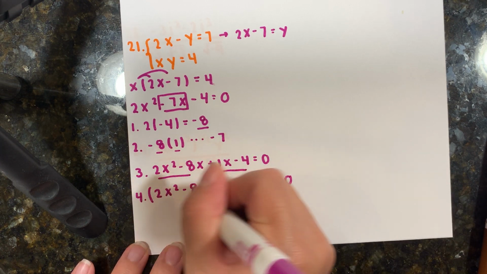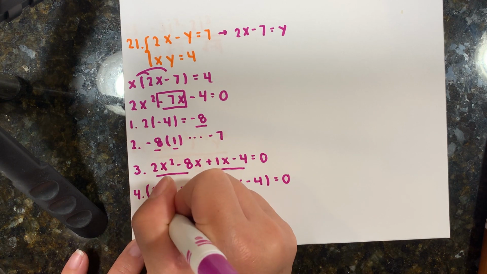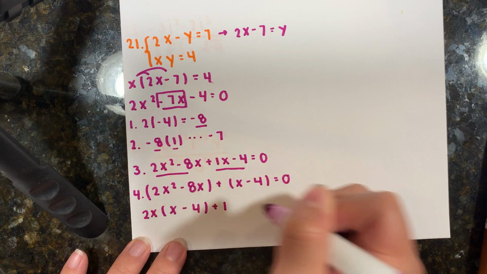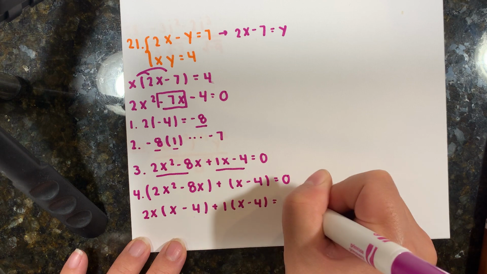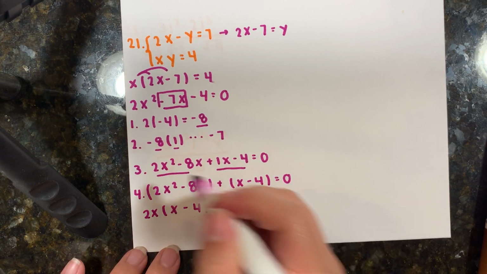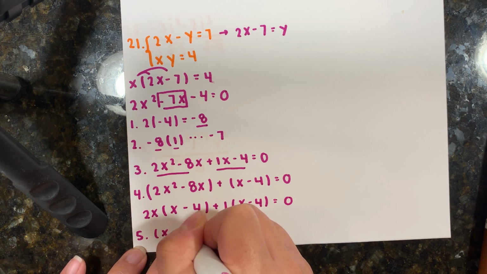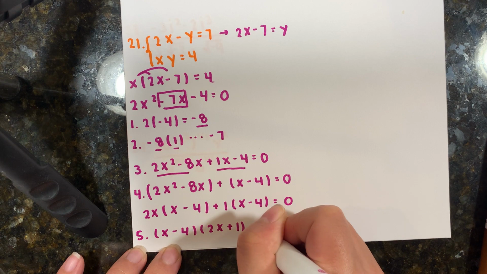So we can factor out a 2 and an x from the left side, which will leave me with x minus 4. We can factor out a 1 because that's the only thing you can factor out of the right, which means that you have a common x minus 4. So that means I'll have x minus 4 times 2x plus 1 equals 0.